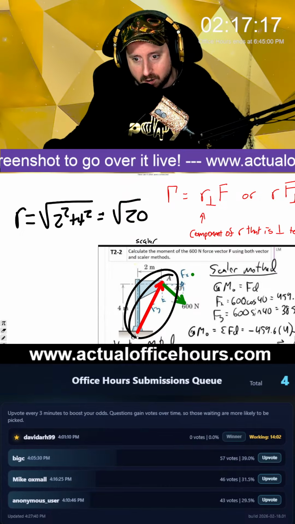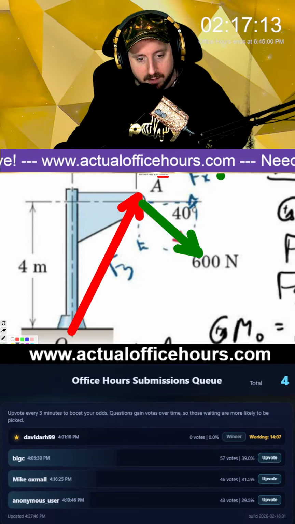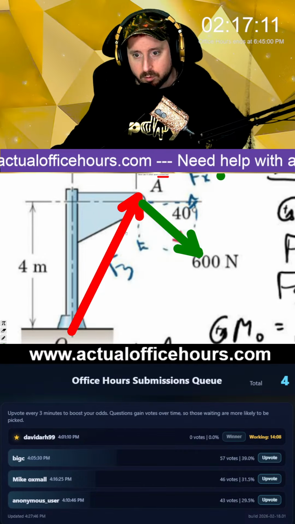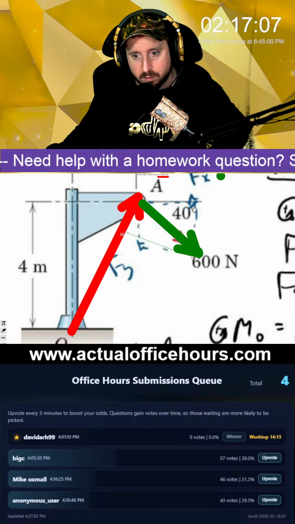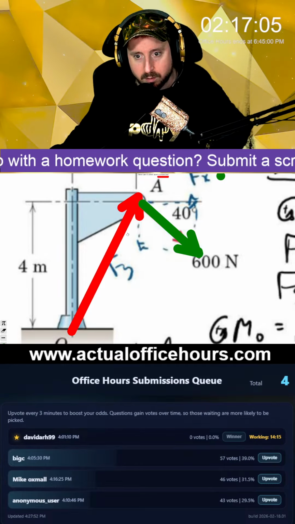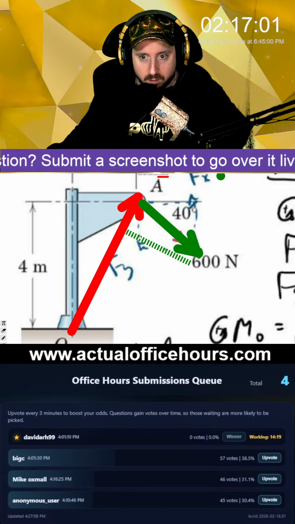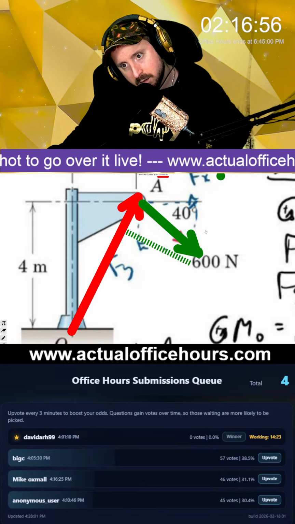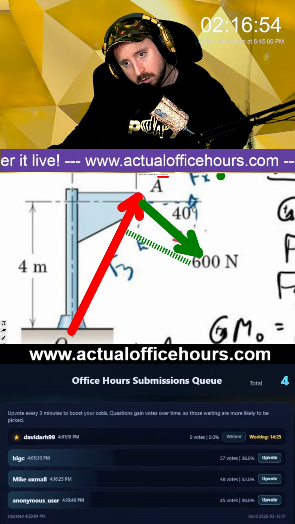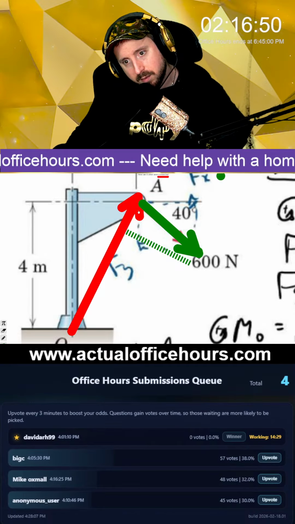Right, and if that's r, now I want the amount of force that's perpendicular to that. So I really want this. Oh, well, let's get it a little bigger, sorry. I want this. And if this angle here is 40, how do I get this angle?